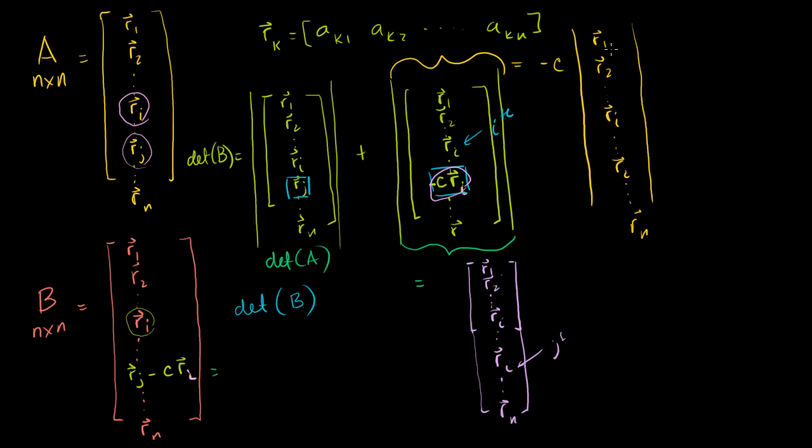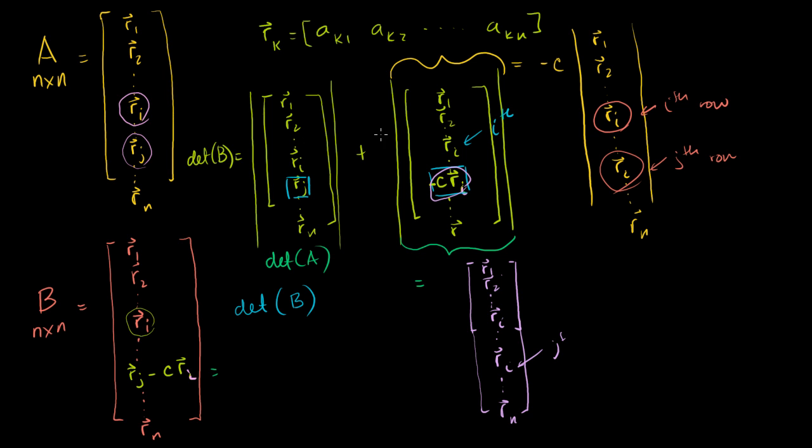But what is the determinant of this matrix? You might have already noticed that it has duplicate rows. It has an Ri in the ith row, but then it has another Ri in the jth row. Remember, we decomposed this B matrix so that its determinant can be described as the sum of the determinants of these two things.